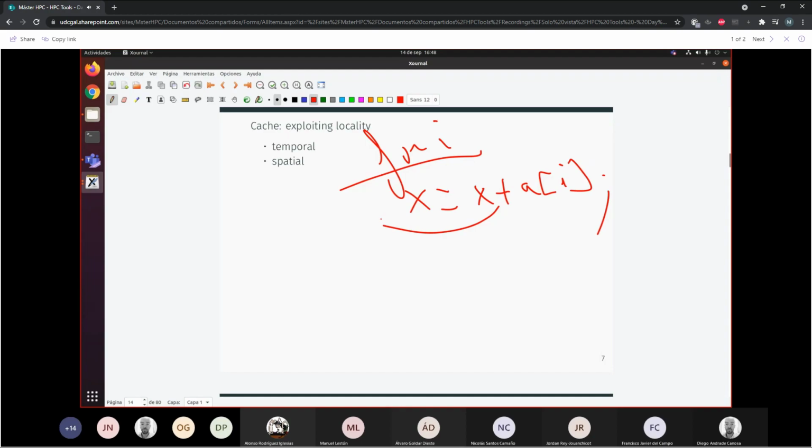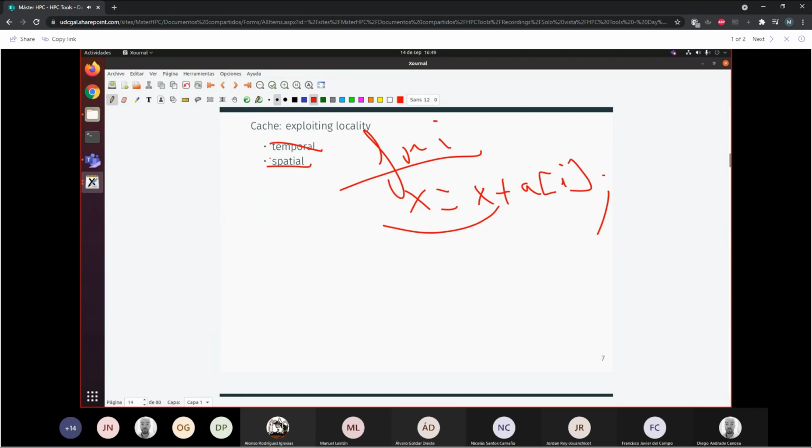The spatial locality says that when you access a piece of data, it's very likely that you access pieces of data that are nearby that one. And that works, for instance, at the top level. If you are accessing a big file, and this file is stored in the hard drive in a sequential location, you are going to load this information sequentially.